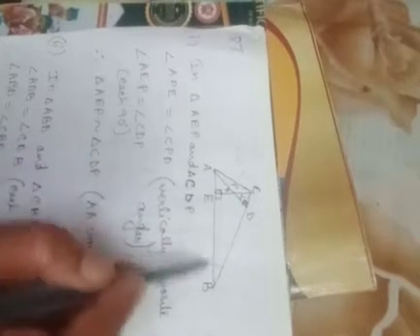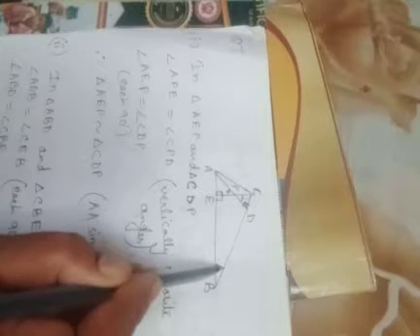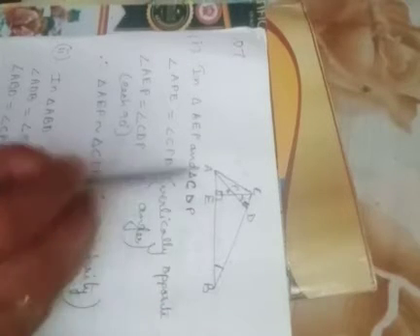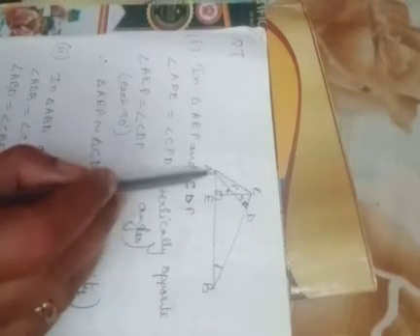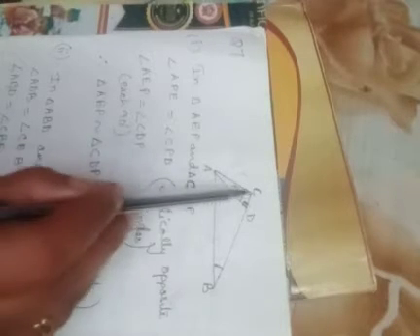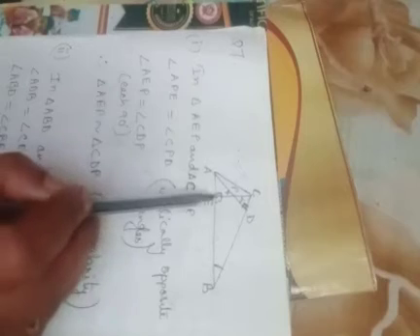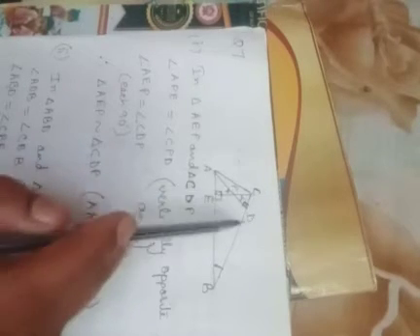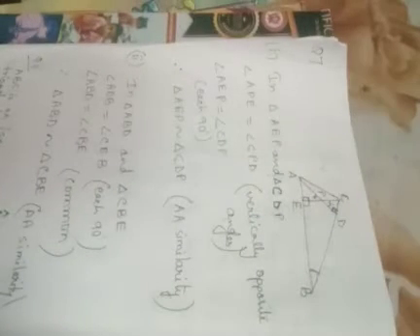In both the triangles angle B is common, and you can see that angle ADB is 90 degree and angle CEB is also 90 degree. So here you can say that these two triangles are similar by angle similarity criterion.